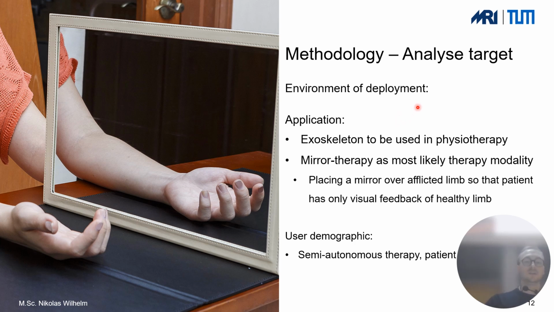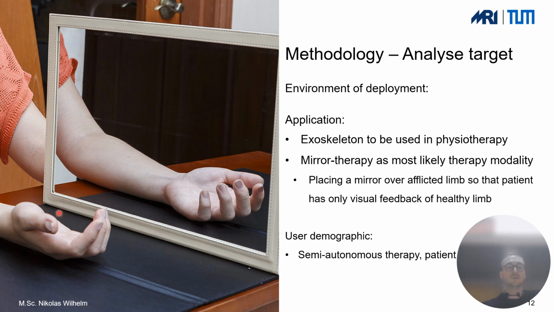So in this case, we want to use this exoskeleton to be supporting in physiotherapy. So if we can help in supporting physiotherapy, then we need to maybe pay also close attention. What are the requirements then for this exoskeleton? So one really effective thing, again, talking to the doctor, they told us what they do in therapy, and maybe ideas for replacing or supporting therapy here is the so-called mirror therapy.